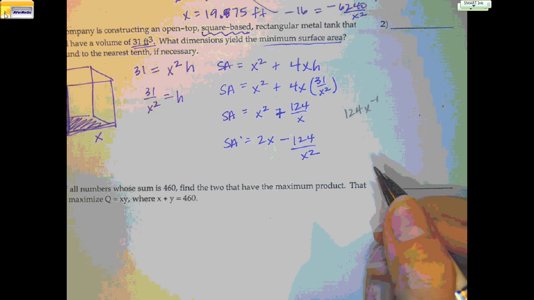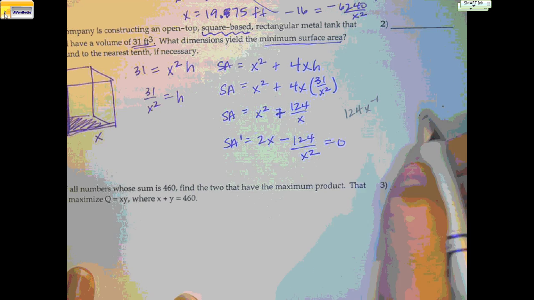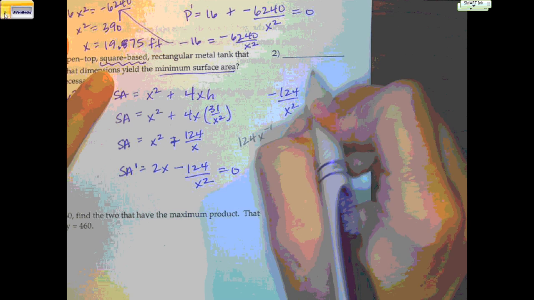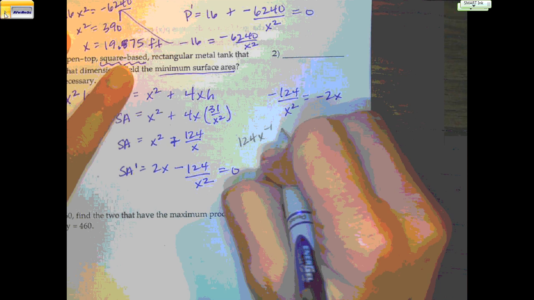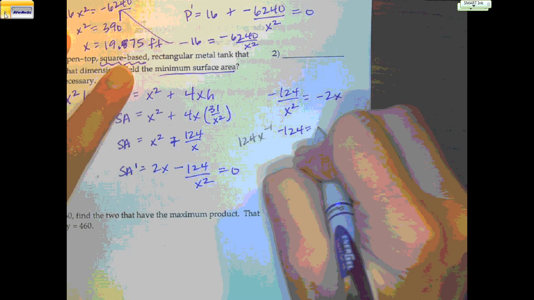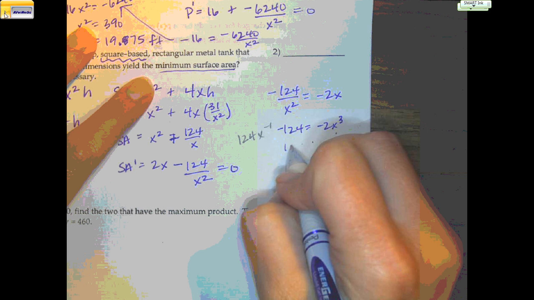Now set it equal to 0. So then I wind up with negative 124 over x squared equals negative 2x. Multiply both sides by x squared. Divide both sides by negative 2.